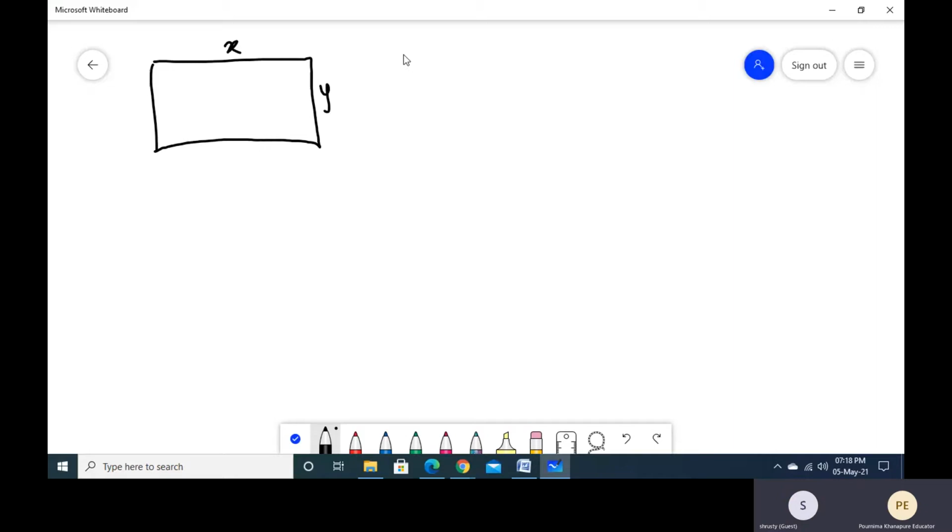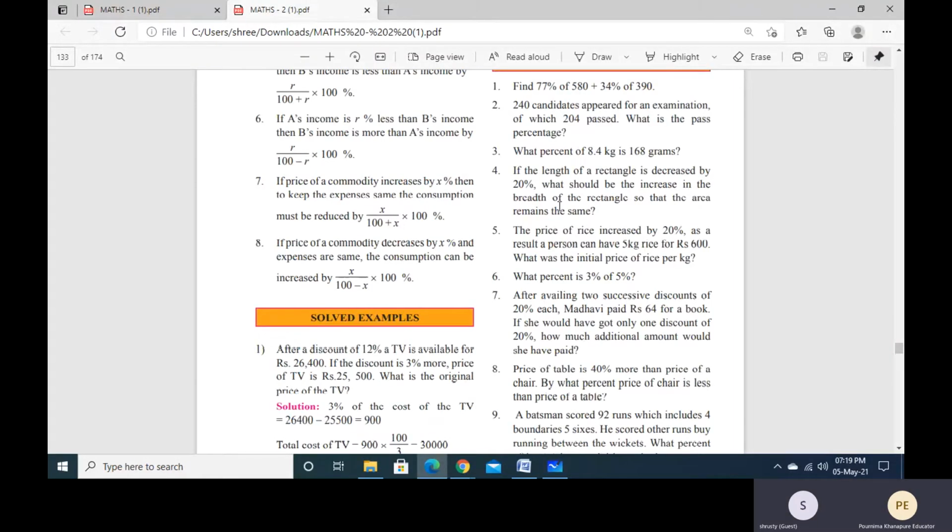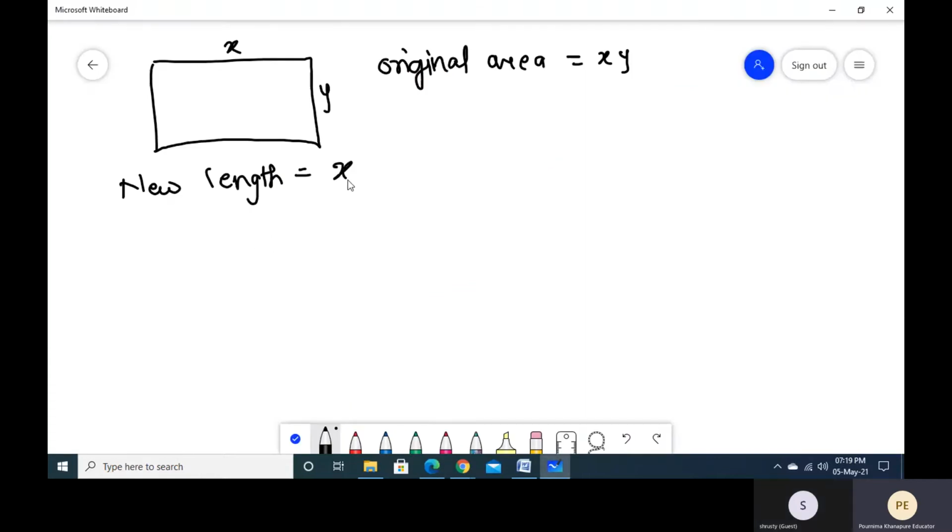So the original area is x into y. Now the new length: the length is decreased by 20%, so from x we subtract 20% of x. So that is x minus 20 upon 100 into x.